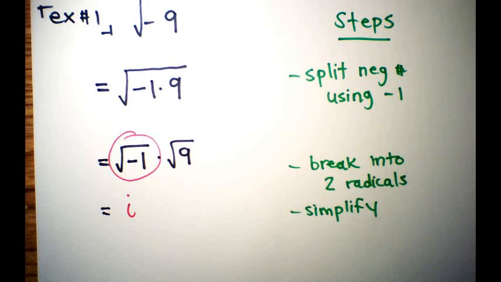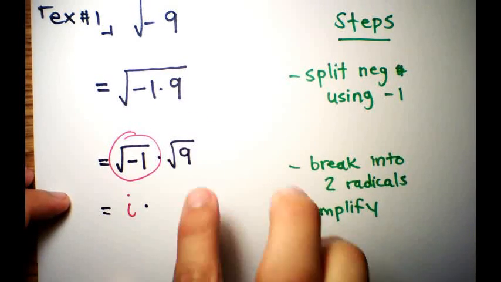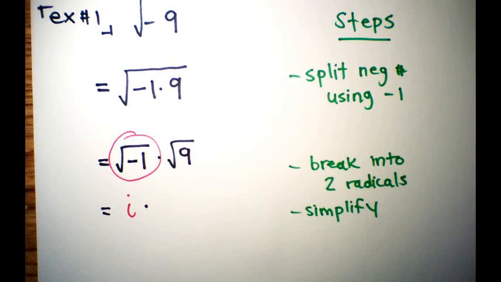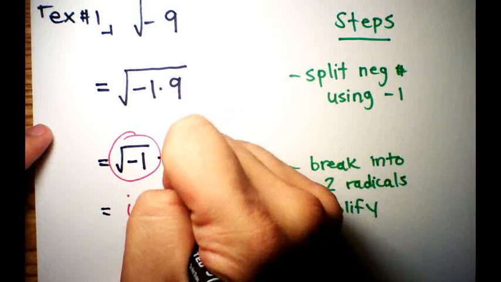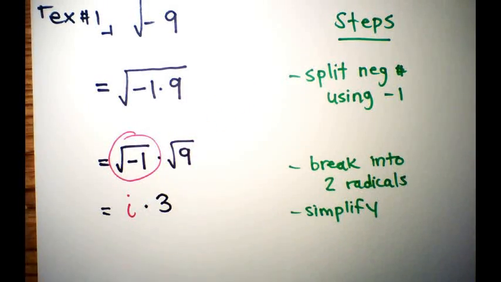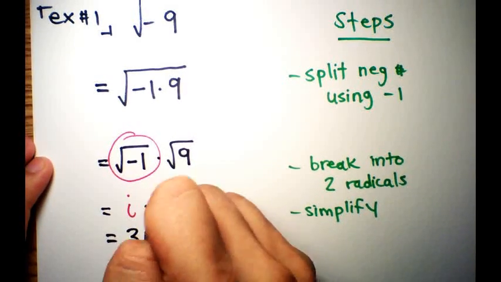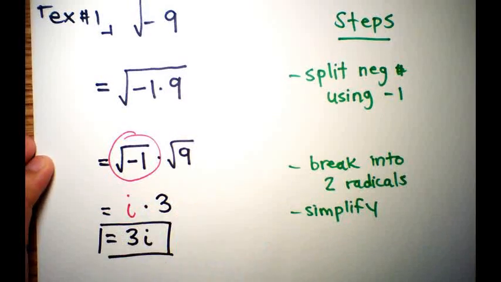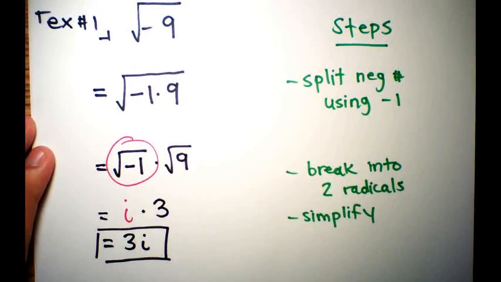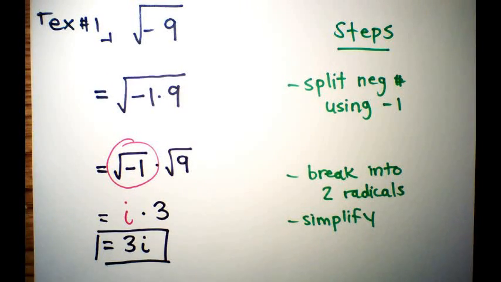Well, we already know square root of 9. Just take the positive answer and it will be positive 3. Alright, from here, just treat that as a variable like x, y, or z. So we're going to write it as 3i like this. So this is example number 1, square root of negative 9, and this is your answer, 3i.